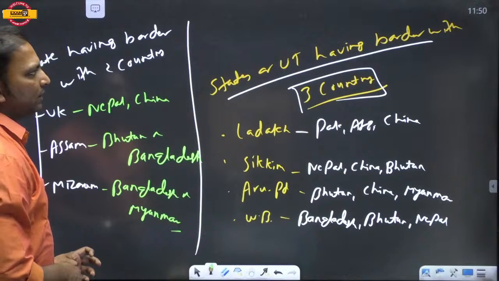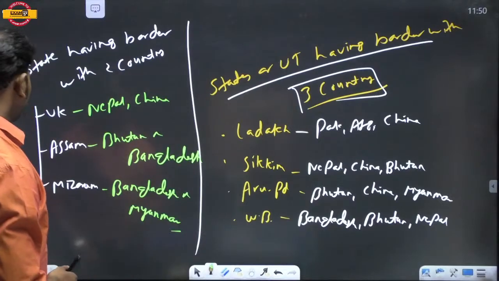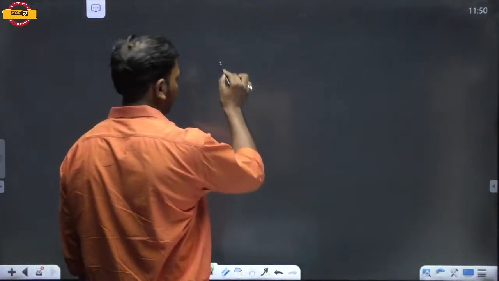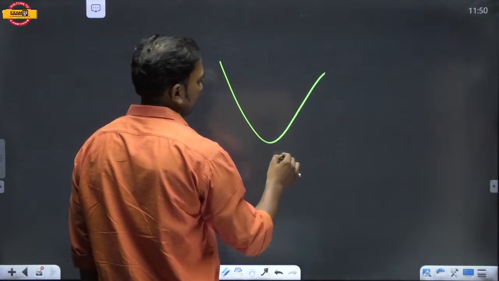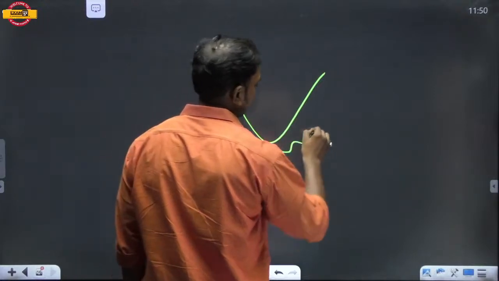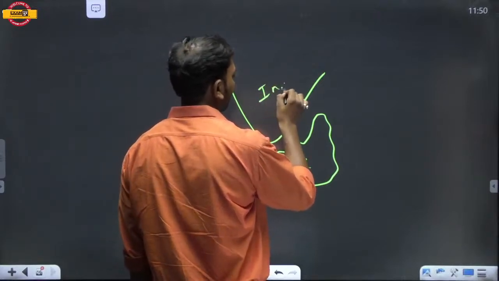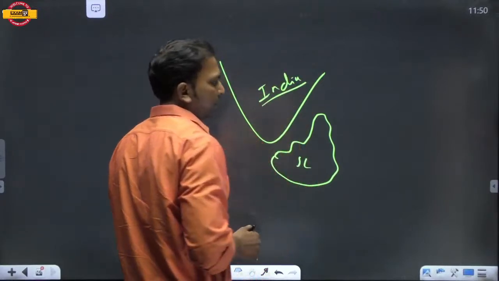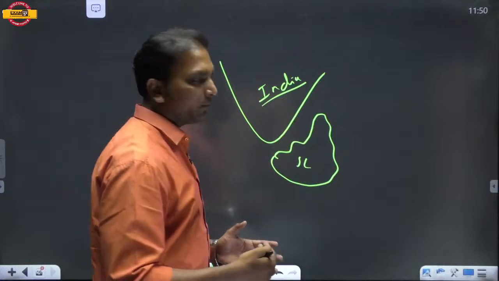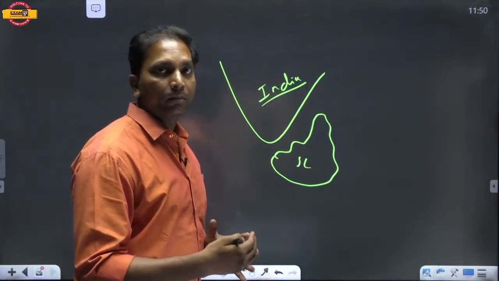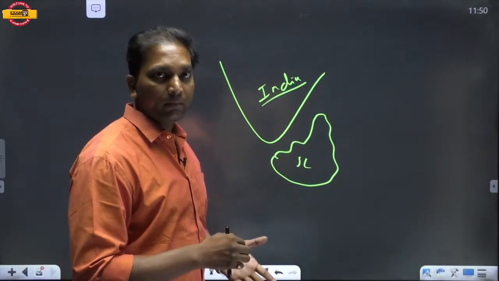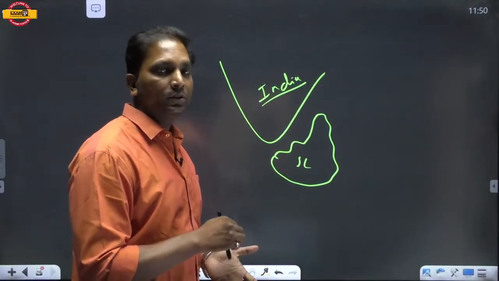So this is all about the neighboring countries. If we talk about the Maldives or Sri Lanka, you see Sri Lanka is here and here it is India. Sri Lanka is separated from India by the Gulf of Mannar, the Pamban Channel, and the Ram Setu.